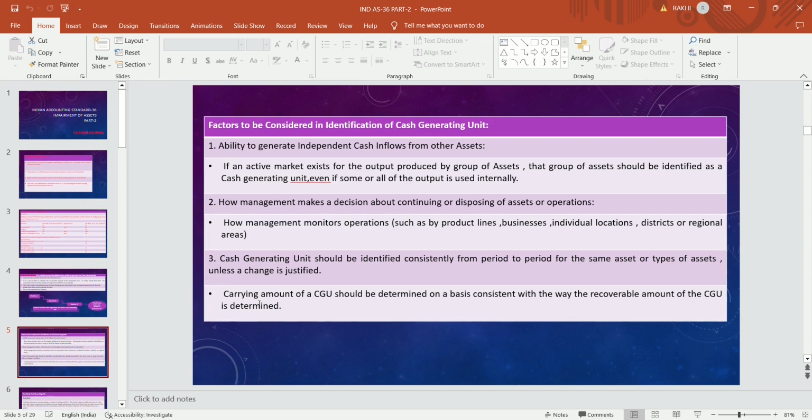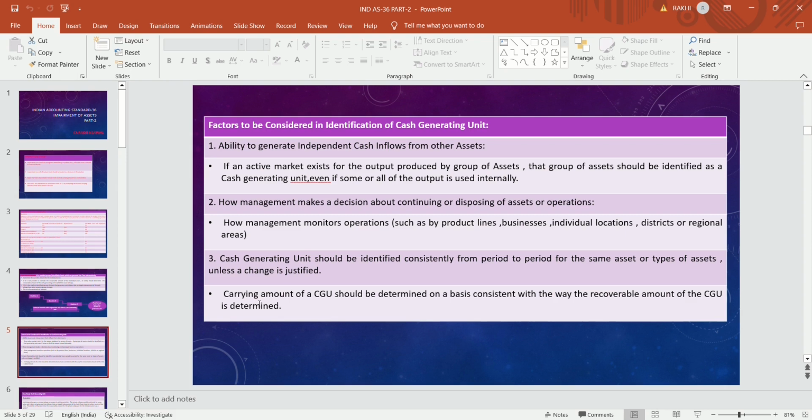Suppose A, B, C, whatever output they generate is sellable in the market, there is an active market for that, then the group of machine A, machine B, machine C is treated as a cash generating unit, even if some or all of the output is used internally. Even if some output is used internally for further production, that doesn't matter.